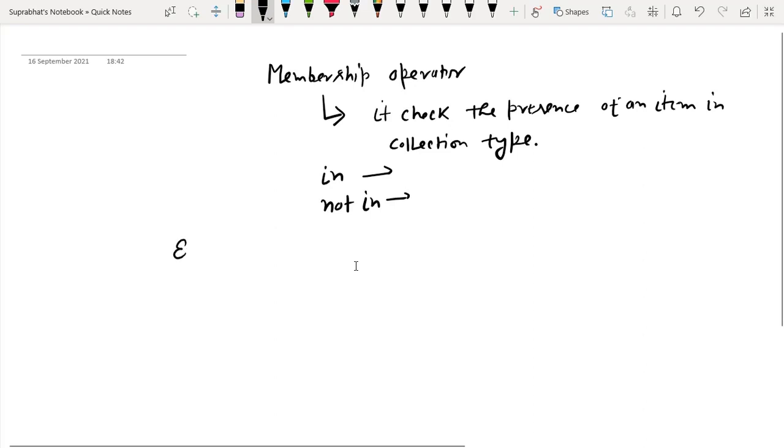For example, suppose we have a list of marks: 80, 90, 70, 60, and I want to check whether a particular item is present or not.